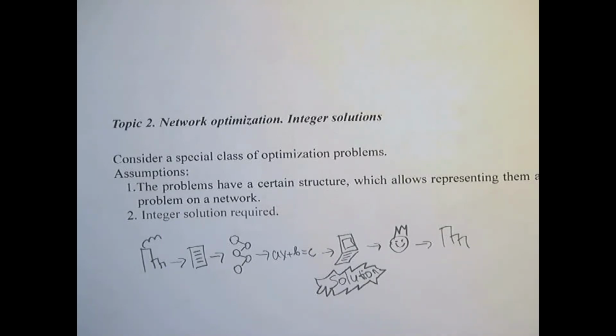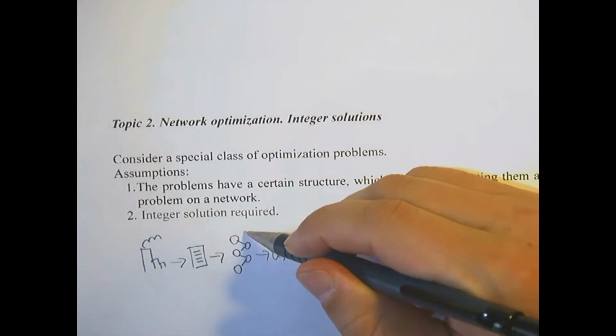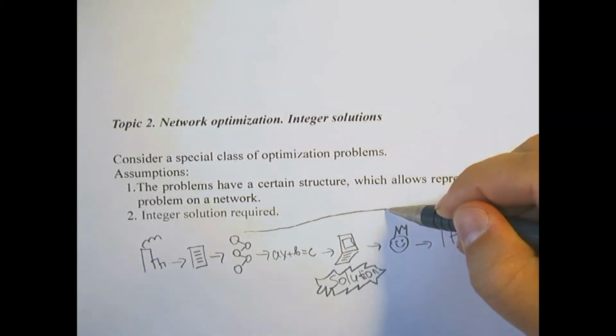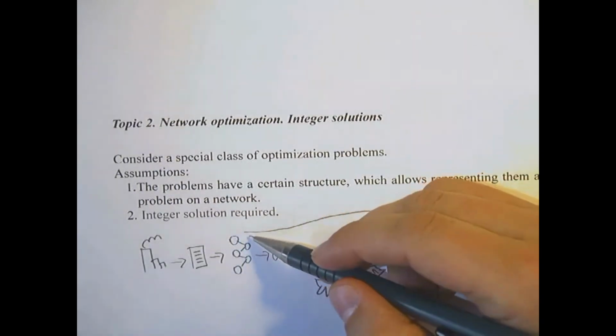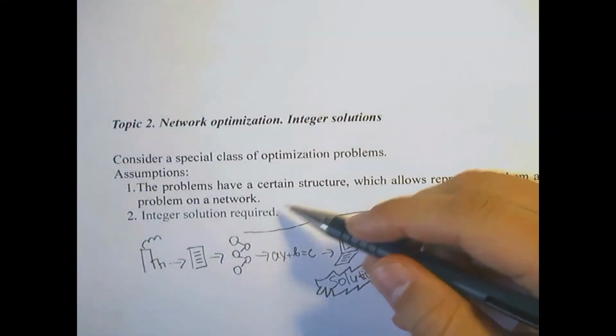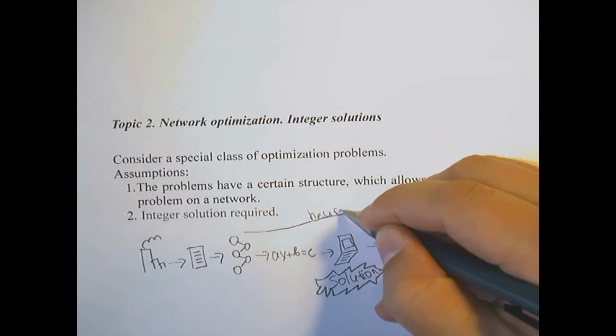And now, before we continue with the computer solution, I would like to consider heuristic solution. Heuristic solution could be used here, for instance, when we have no computer. So when we have constructed a network, or when we have constructed a mathematical model, we may use a heuristic solution.